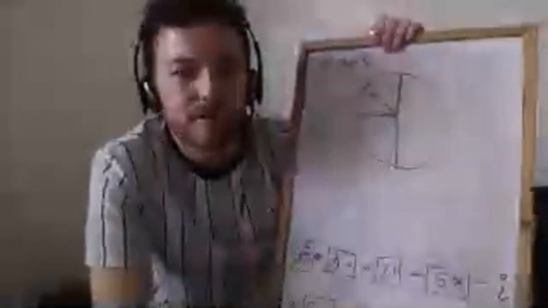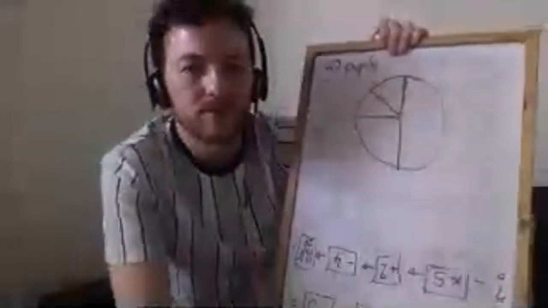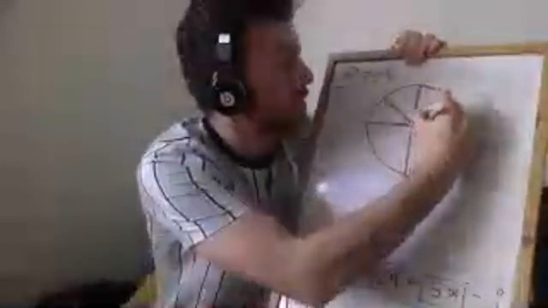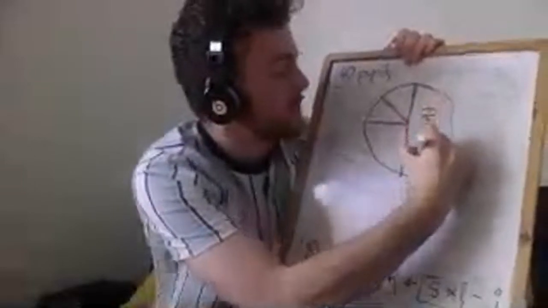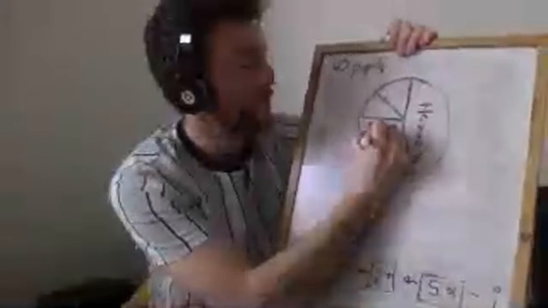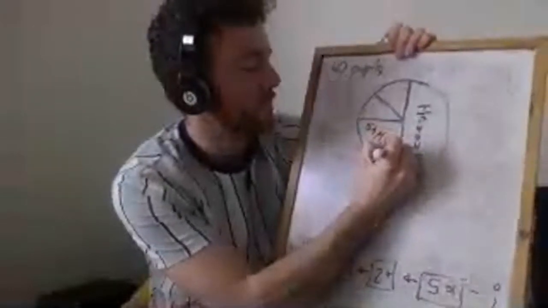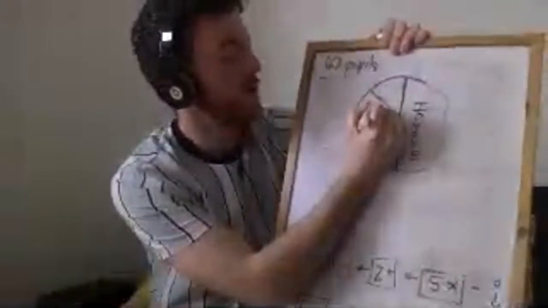Ready? We've got 40 pupils in a survey. On these 40 pupils, they were surveyed as to what their favorite phone was. Over here, we've got the good old iPhone. Over here, we have Samsung. Up top, the Huawei.